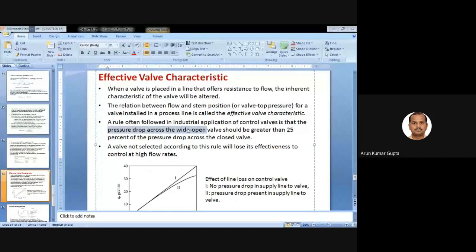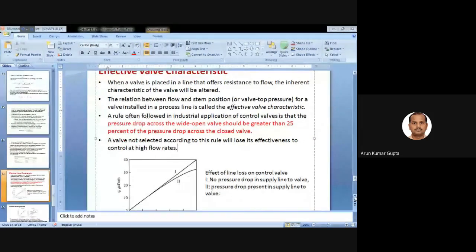So that is a design constraint, you can say. You can highlight this. A valve not selected according to the rule will lose its effectiveness to control the high flow rates.